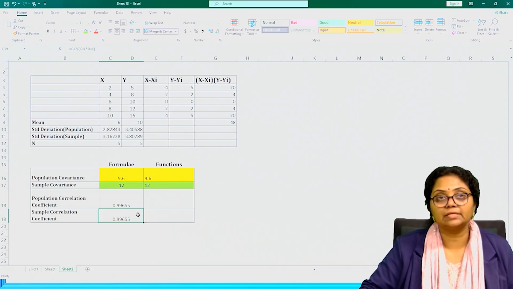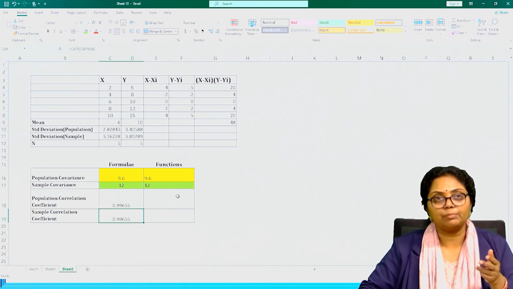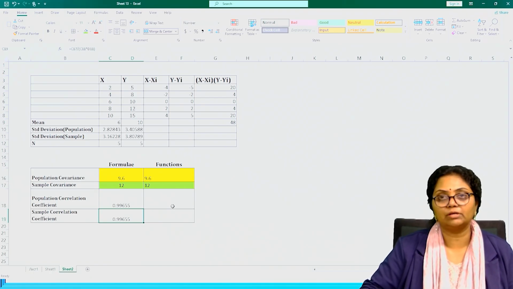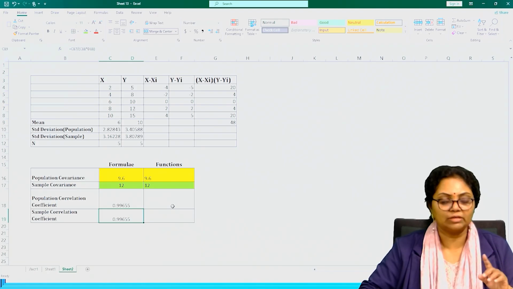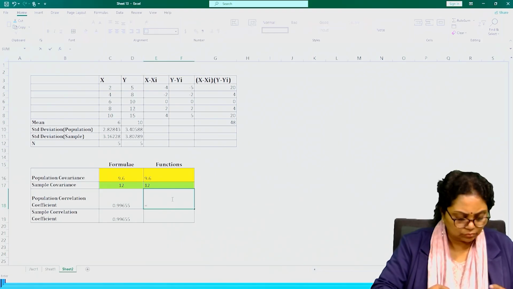Now as I said, in both the cases, whether it is population correlation quotient or sample correlation quotient, we are going to get the same results. That's the reason in Excel by default, whether it is population or whether it is related to sample, we are going to have only one function, and that is CORREL.